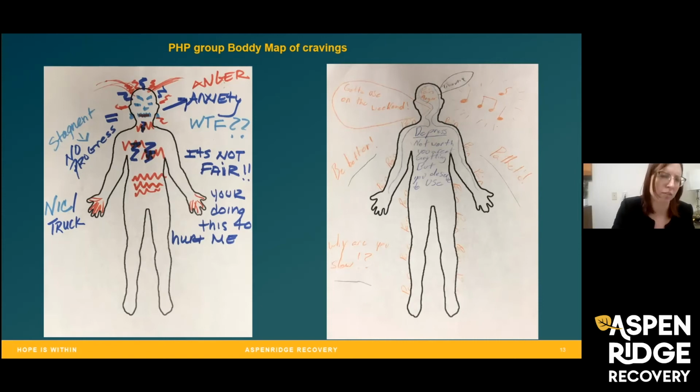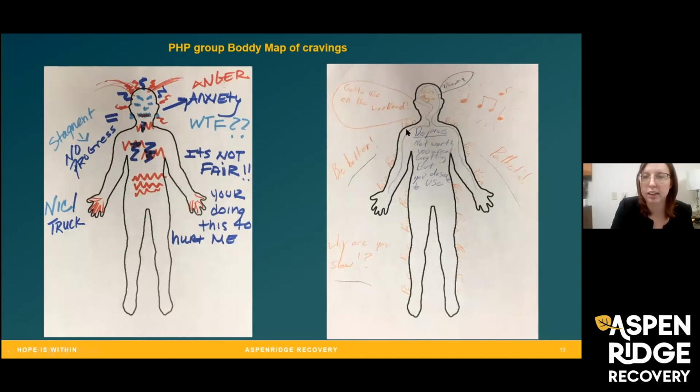And that also came from feeling confused or out of control, feeling that things weren't fair, talking about people who can drink and not have an addiction compared to his inability to stop when he started drinking. "You're doing this to hurt me." He had some anger at family for pushing him into treatment. And that's common here.